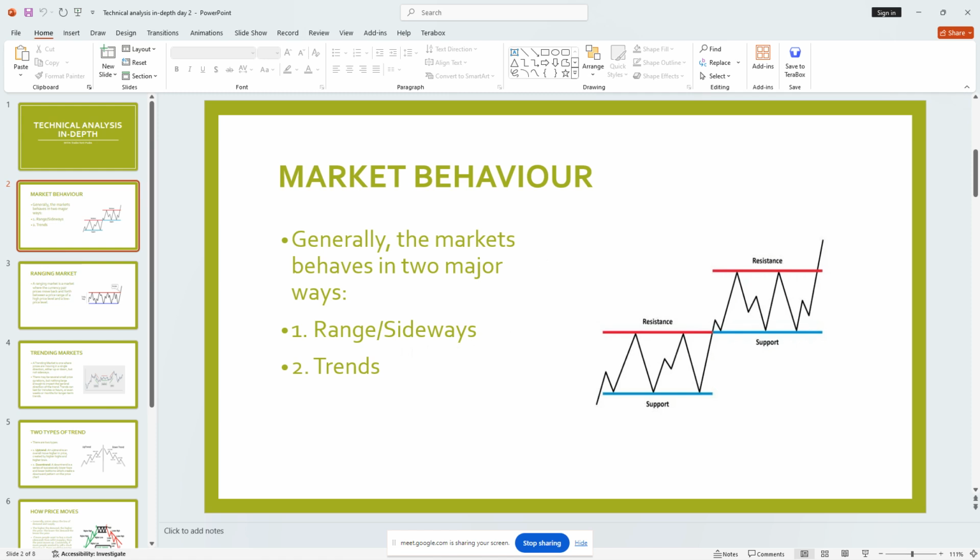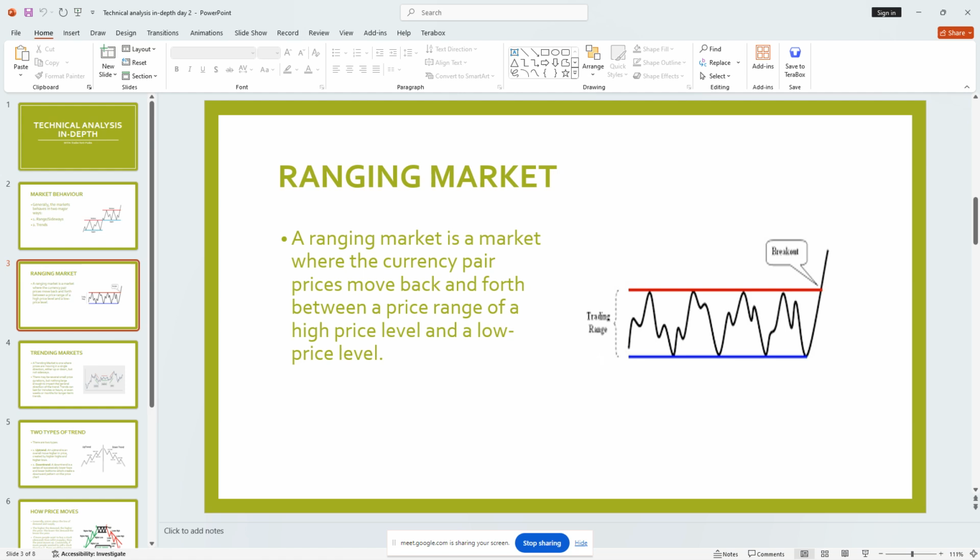We have range or sideways, and then we have trend. I've explained range. Market will start from a range and then break out into a trend. This is where the breakout happened. Breakout can be above the range or it can break down below the range. So this is a breakout in an upward direction.